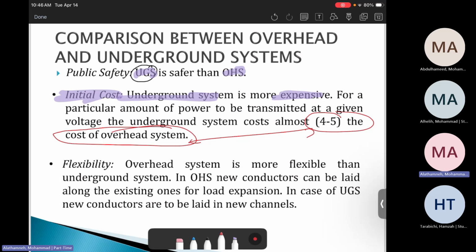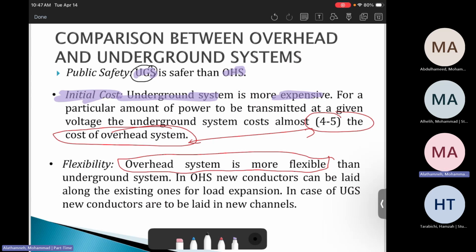The other thing is the flexibility. The overhead system is way more flexible. Why? If you need to make any substation, I'm talking about the medium voltage, or any distribution transformer, you can install it at any pole you want. While if you need to make a step down or distribution transformer in low voltage, there are specific areas that you are allowed.